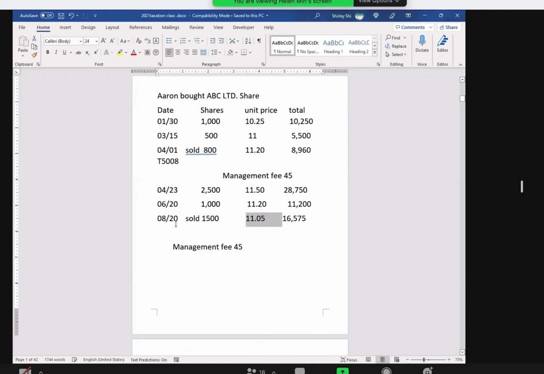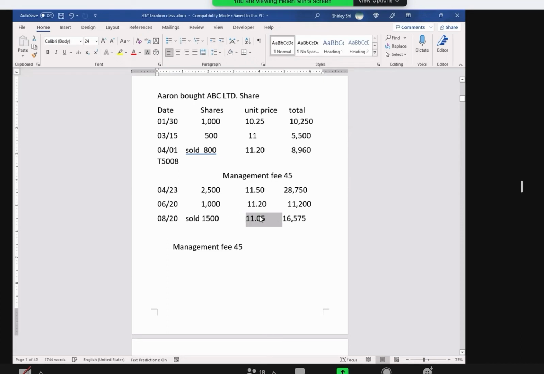Okay, in 20 days. That means if your purchase is August 2nd or after August 2nd, for example August 5th, you purchase 1,000 at 11.20, then you sell on August 20, you sell 1,000.